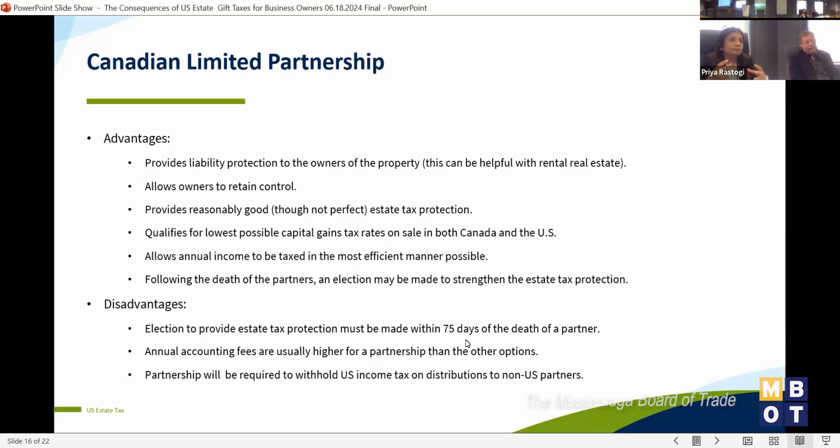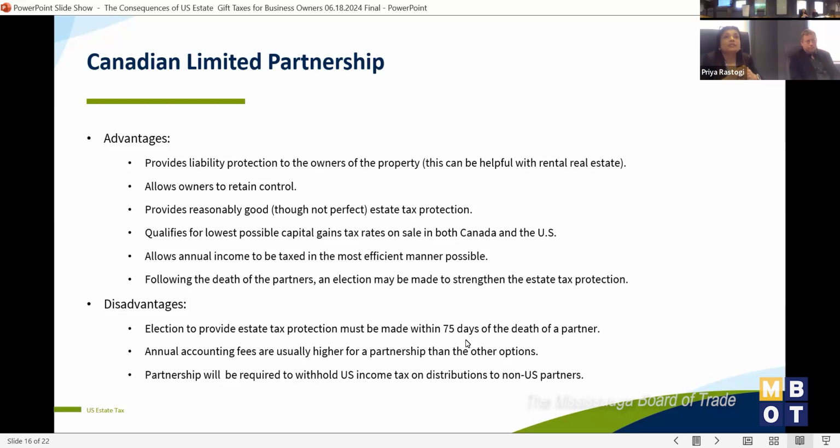Yeah, so for clarity, it's not that the real estate is moving to Canada, the real estate is still there. Correct. But you're trying to convert what you own, so that you own something that's Canadian and not US. Correct. So in this scenario where a limited partnership is involved, upon the death of the partners, an election has to be made with the IRS for the estate protection.